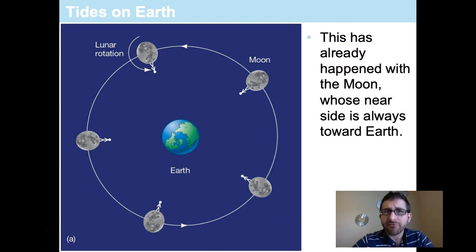And as the moon turns around the Earth, we have one rotation of the moon for each lunar orbit. In other words, the moon does rotate, but it rotates once every time it goes around. It has a 1 month rotational period.